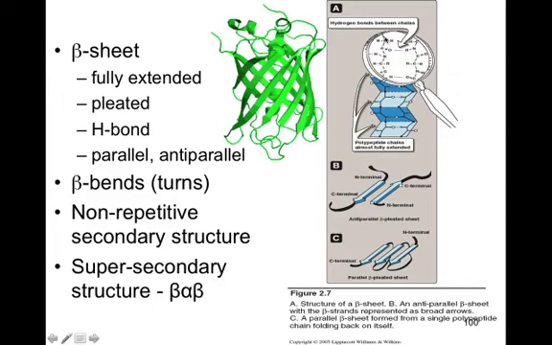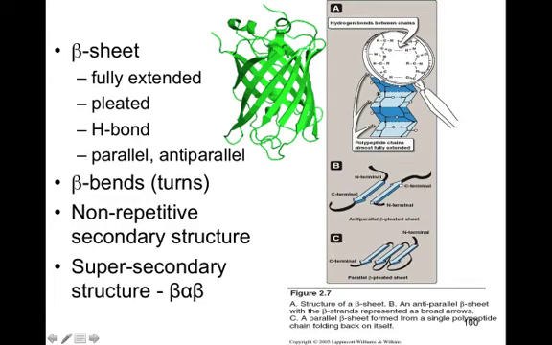For example, here you have two beta sheets lying next to each other, and then you have the R groups extending below and above the plane. And then you have the hydrogen bonds forming between the carbonyl group of one amino acid on one sheet with the hydrogen of the amino group of the second amino acid of the second sheet.